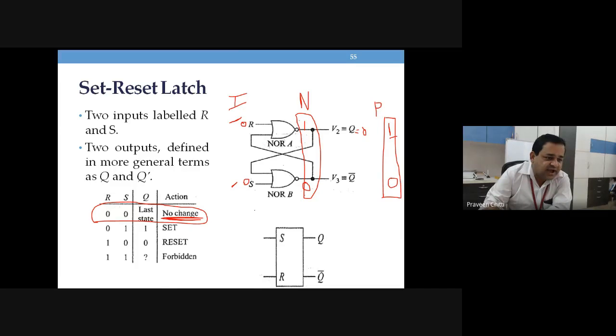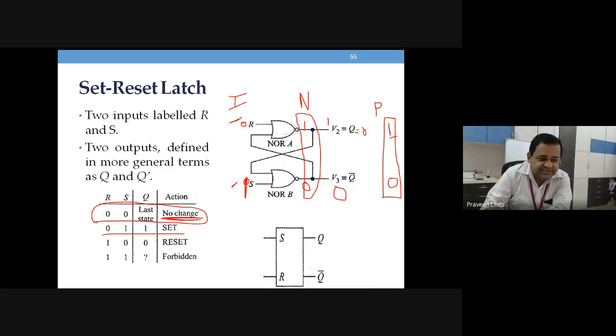Now suppose I take R equal to 0 and S equal to 1, what happens? The moment S is 1, the moment you apply 1 as input to the NOR gate, its output becomes 0.